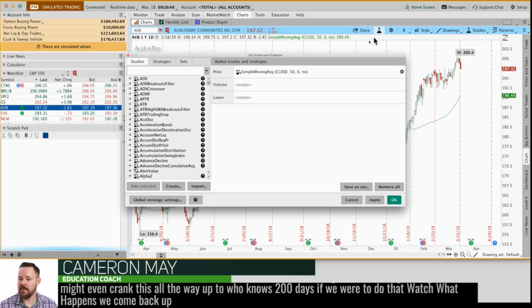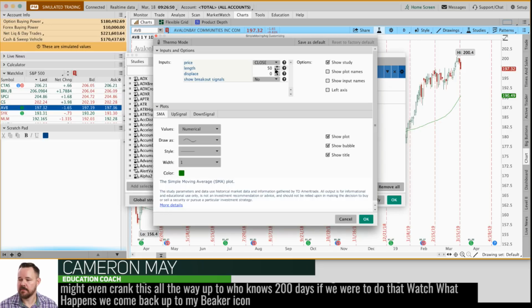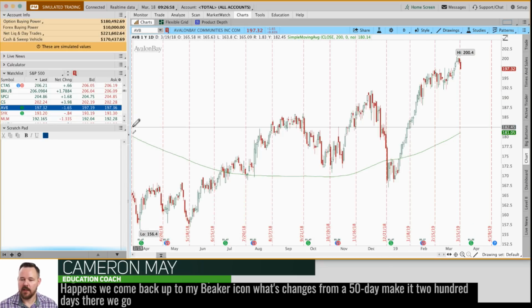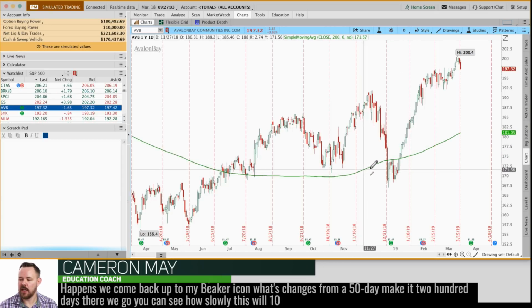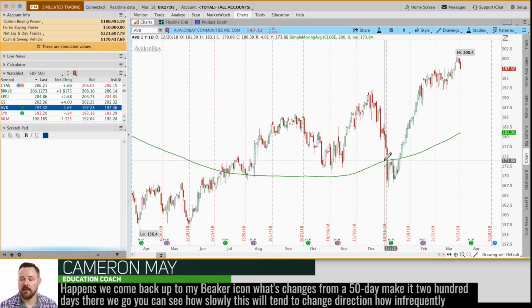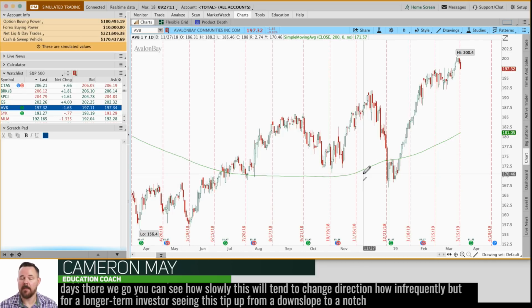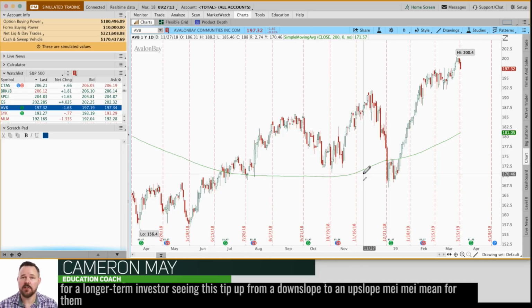We come back up to my beaker icon. Let's change this from a 50-day. Let's make it 200 days. There we go. You can see how slowly this will tend to change direction, how infrequently. But for a longer-term investor, seeing this tip up from a down slope to an up slope may mean for them on their stock that this is now shifting into an upward trend.